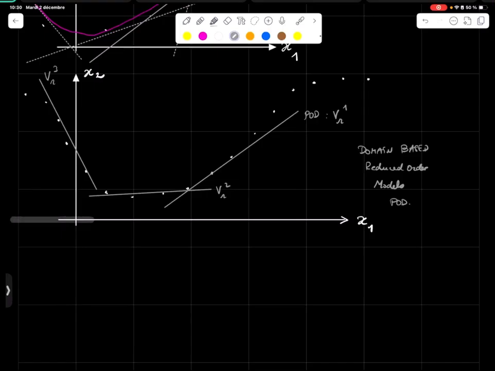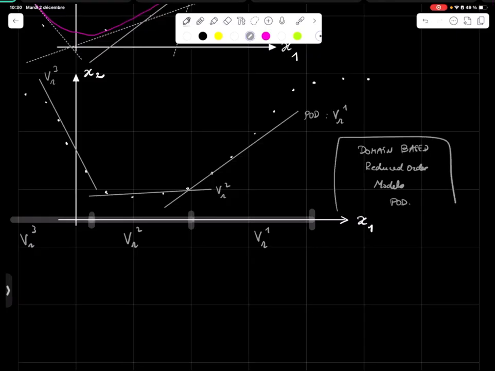Then you would have another area from here to there, and a third area from here to there, let's say. Here you would use VR1, here VR2, and here VR3, because I decided to write from right to left. Why not? And now I'm going to use a different POD basis for each subdomain.